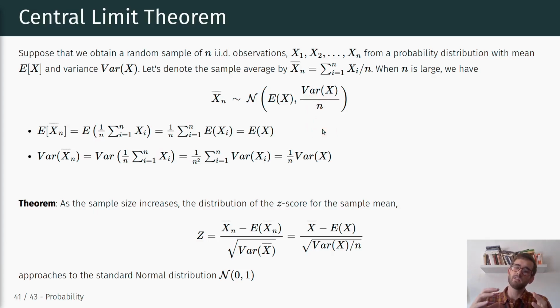We can then standardize this distribution and therefore show that the z-score for the sample mean, so that's x n bar minus the expectation of x n bar divided by the standard deviation of x bar, approaches a standard normal distribution, right?